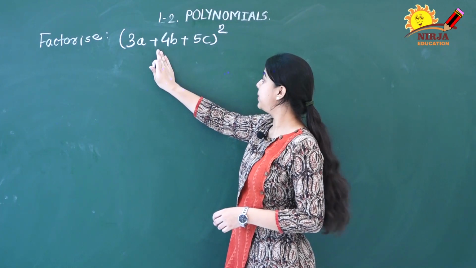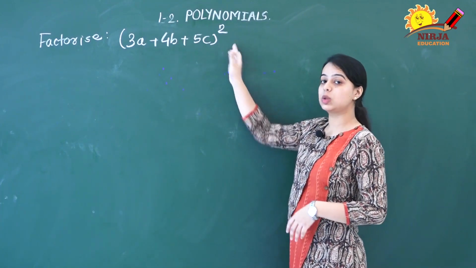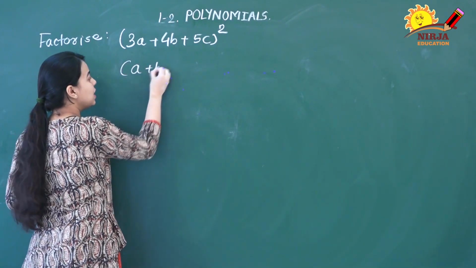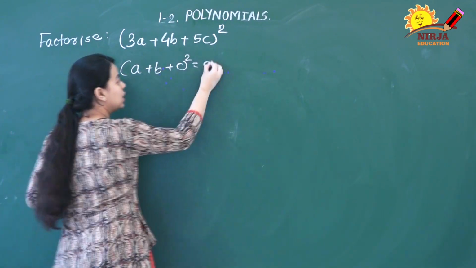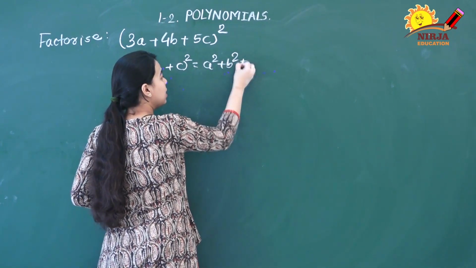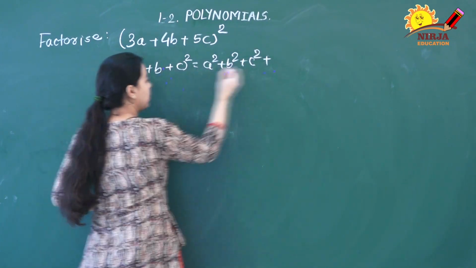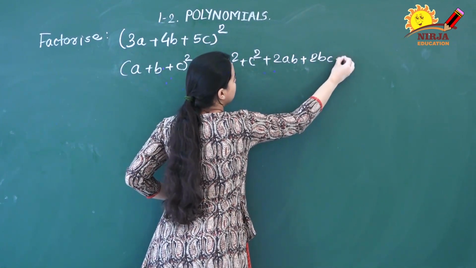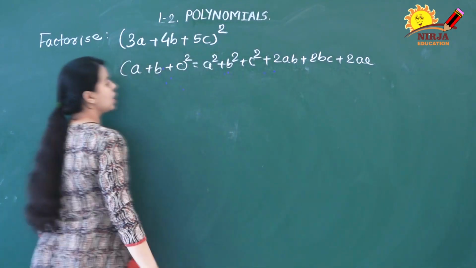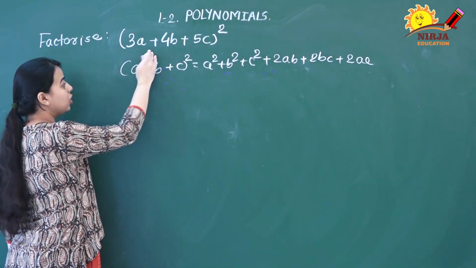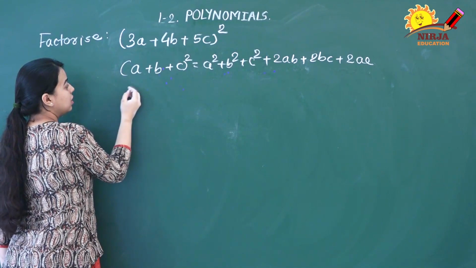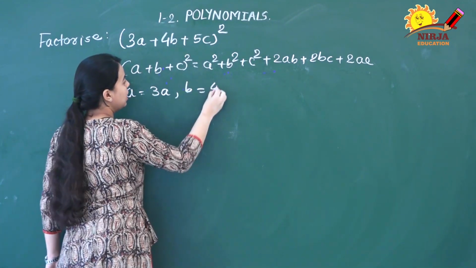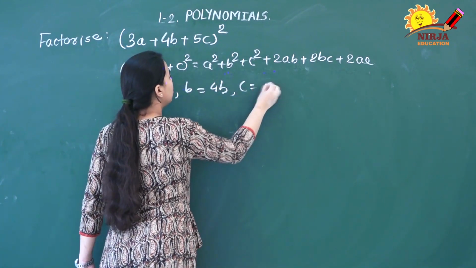Expand (3a plus 4b plus 5c) whole square, and just now we have derived one identity: (a plus b plus c) whole square is equal to a square plus b square plus c square plus 2ab plus 2bc plus 2ac. If we compare this polynomial with this, then we can write a is equal to 3a, b is equal to 4b and c is equal to 5c.